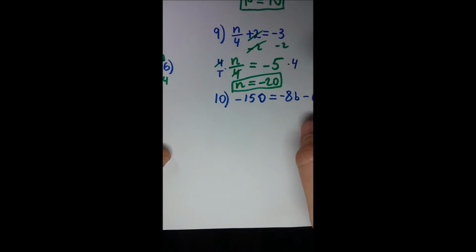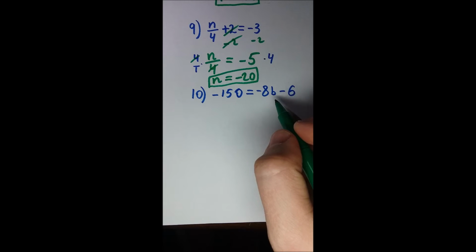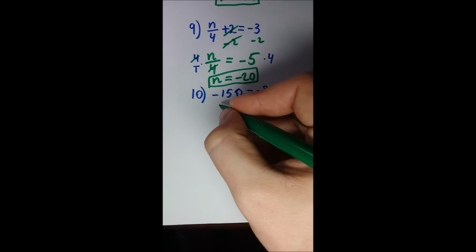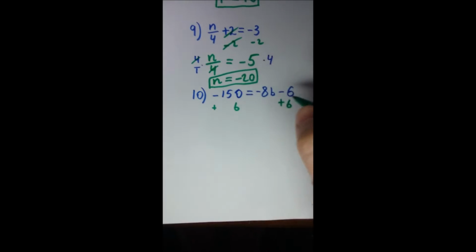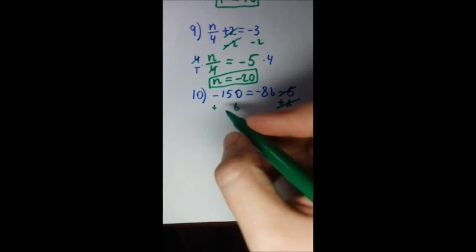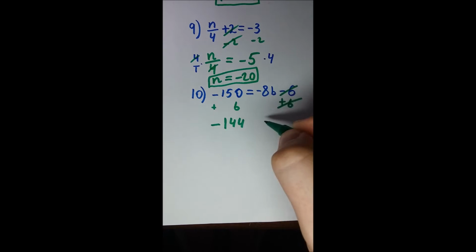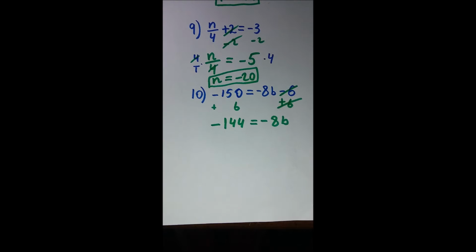Question 10. Negative 150 equals negative 6b minus 6. So you add 6 to both sides. The 6's are gone. Here, however, it's going to turn into negative 144 equals negative 8b.